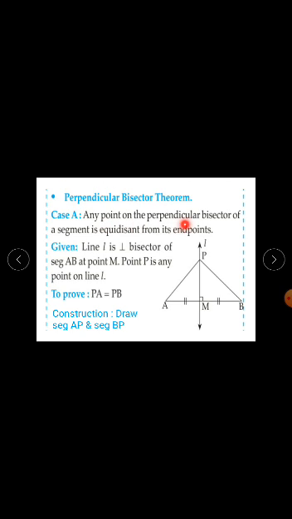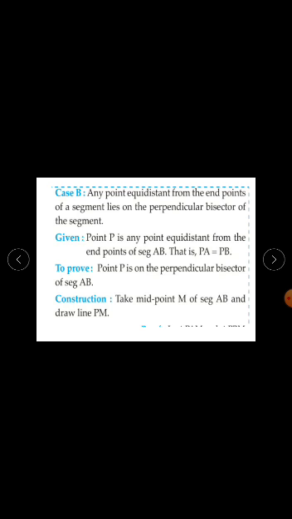So, any point on the perpendicular bisector of a segment is equidistant from its endpoints. Now case 2, or part 2: any point equidistant from the endpoints of a segment lies on the perpendicular bisector of the segment. What is given?